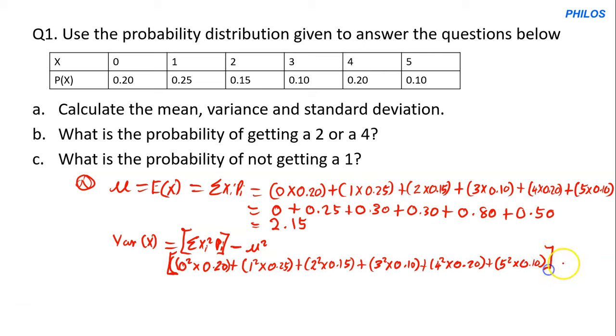So we close the bracket, minus the mean square.